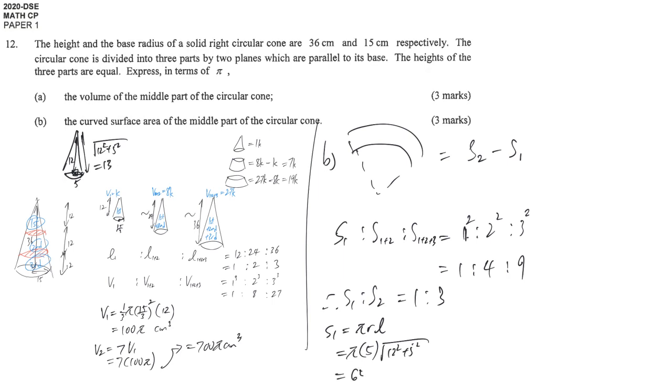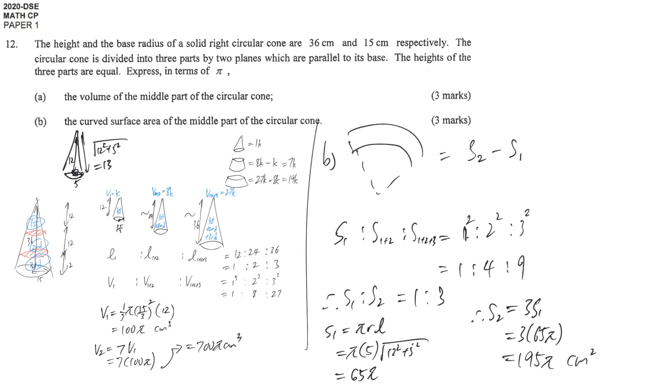So pi r L is 5 times 13, we have 65 pi. In order to get S2, because we know how they are related already, S2 is equal to 3 times S1. 3 times 65 pi, we get 195 pi cm squared.